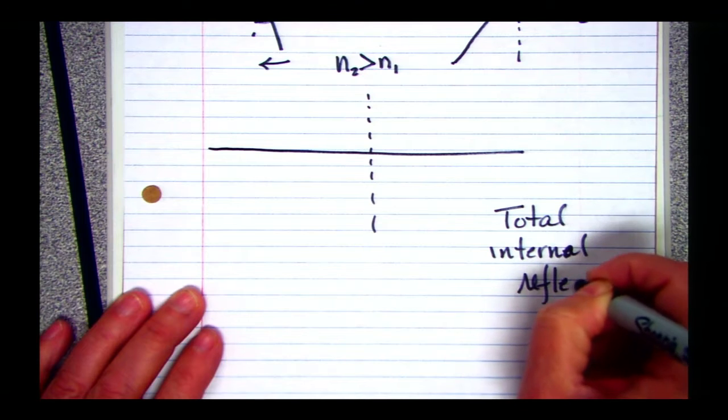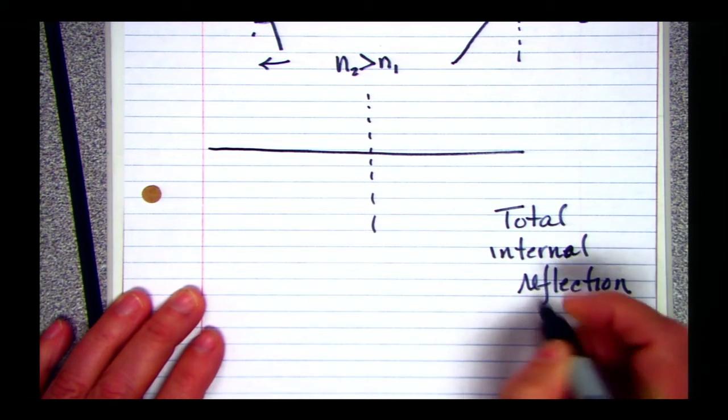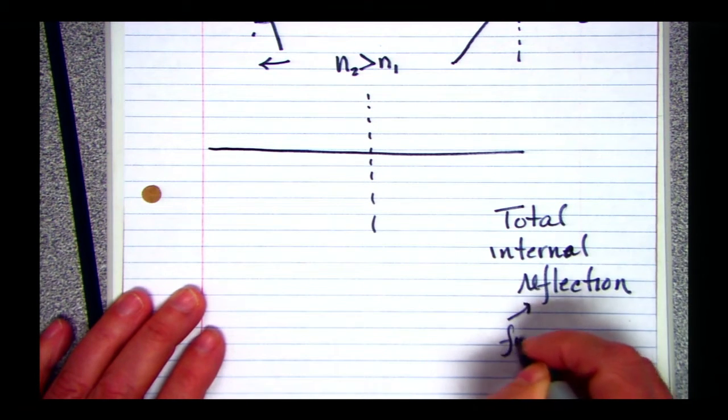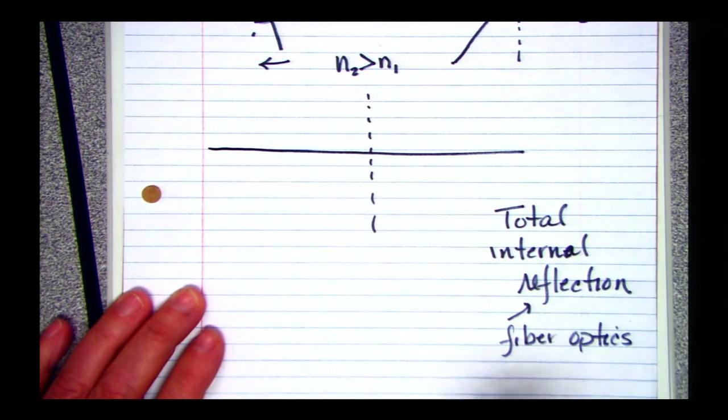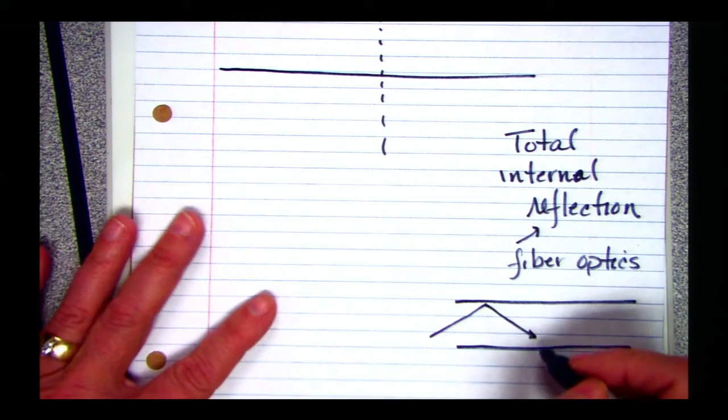Because when I have total internal reflection for fiber optics, I end up with a beam of light that gets totally reflected back inside the fiber and back inside, and that's what carries the light through the fiber. So I use total internal reflection for fiber optics.